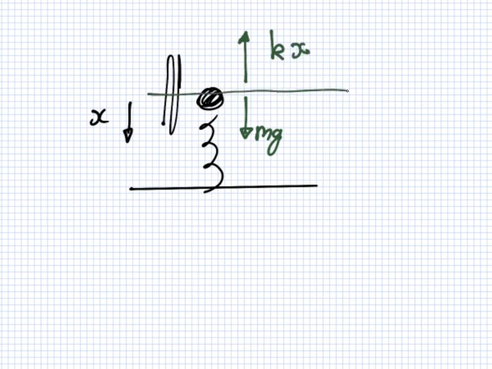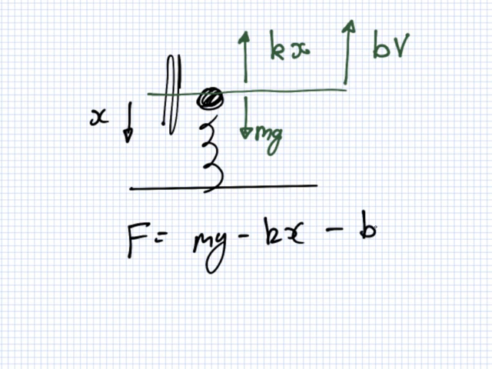And I also wanted you to consider a friction force, b, where the faster it's going, the more friction there is. Now if you write this equation down, the total force will be mg minus kx minus bv.